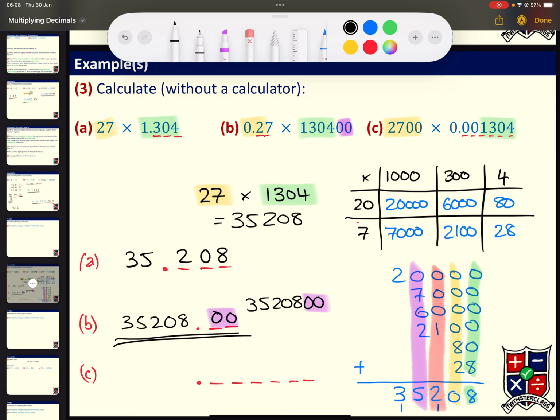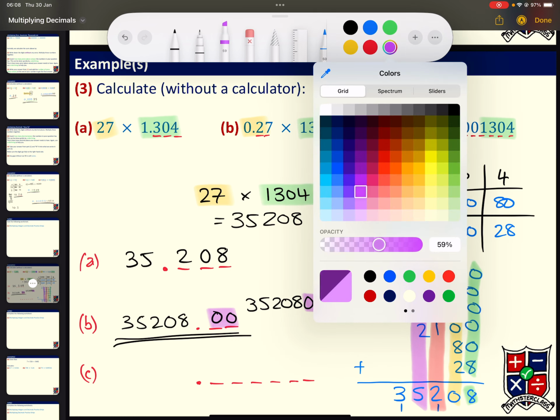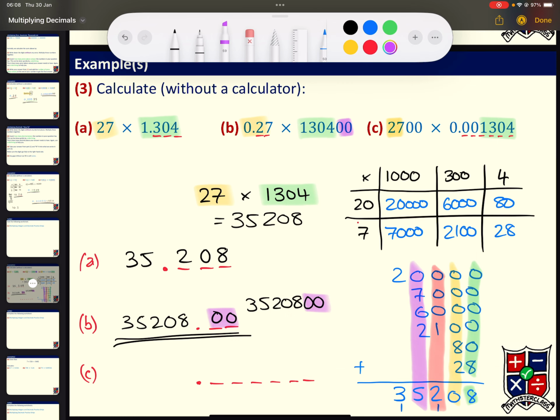For the third one, we have a similar situation where that 27 isn't actually 27, it's 2,700. So we have an extra 2 zeros on the end again. So this number here is going to get placed into our structure, let's say, for this here. We have our 2 zeros at the end.